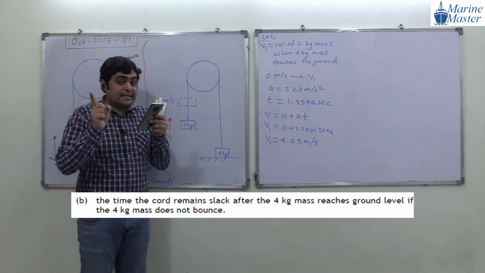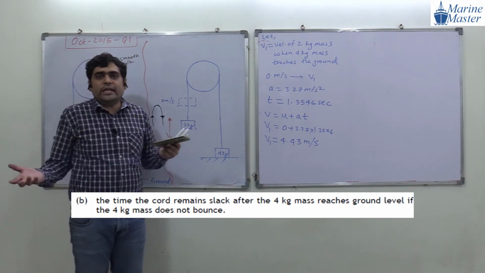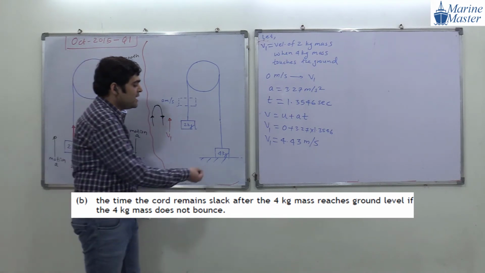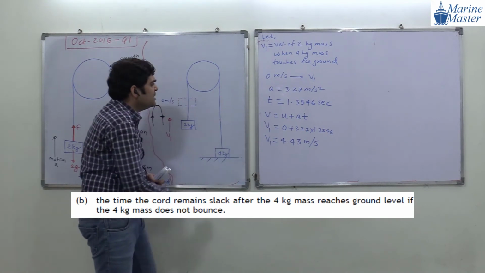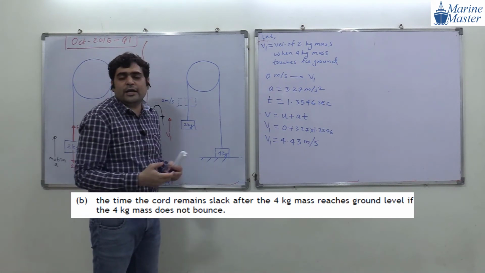The cord remains slack. What is the meaning of cord slack? There will be no tension in the cord. And why is there no tension? There is no force on this side, or any mass on the other side, which is pulling this. So what is the scenario here?